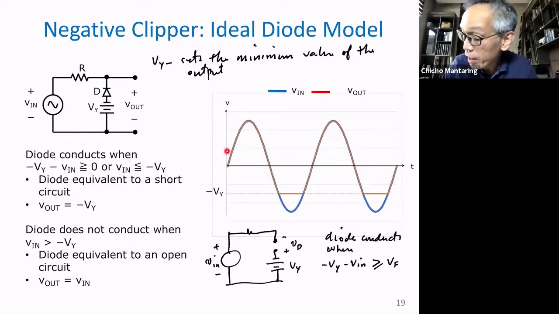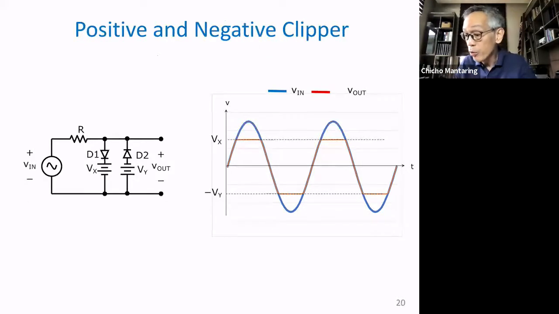And everywhere else, your output is equal to your input. And you can combine the two, and you're going to get a positive and negative clipper. So positive clipper, dito negative clipper.